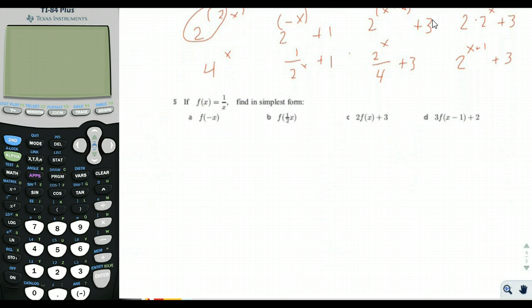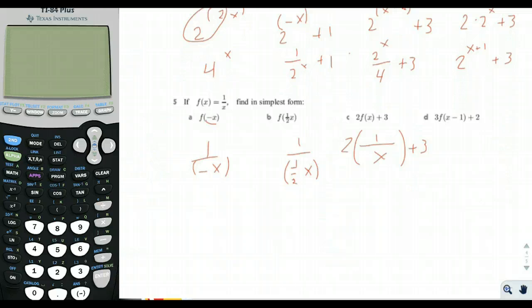If f of x equals 1 over x, find in simplest form. Okay, so again, all you're doing is taking what's inside the parentheses and substituting it for x. So it would be 1 over negative x. This would be 1 over 1/2 x. This would be 1 over x, quantity times 2, plus 3.